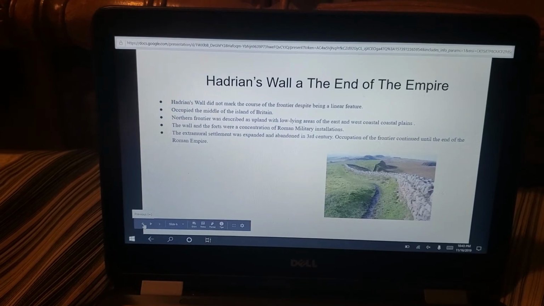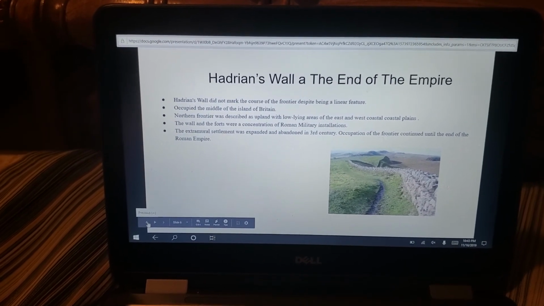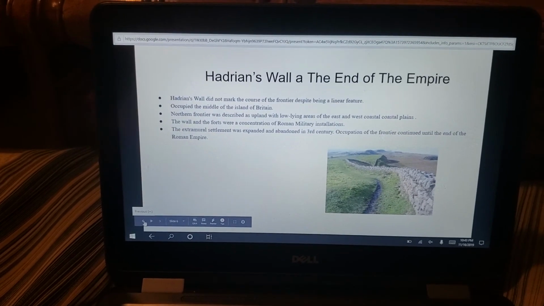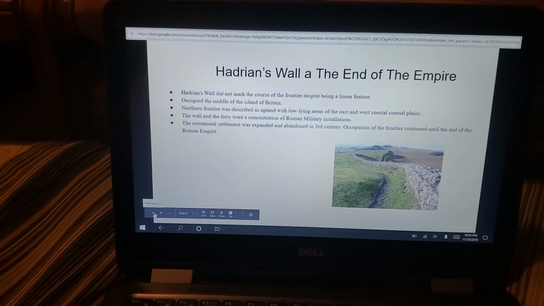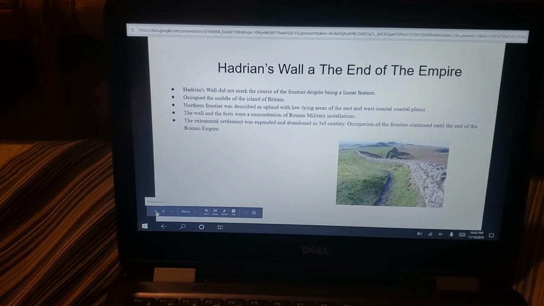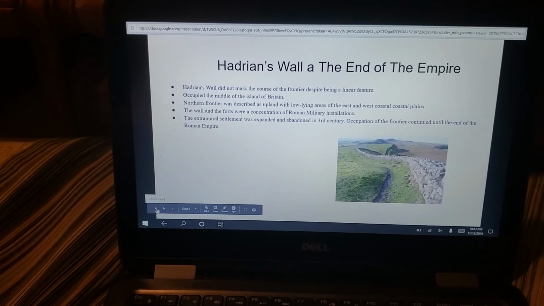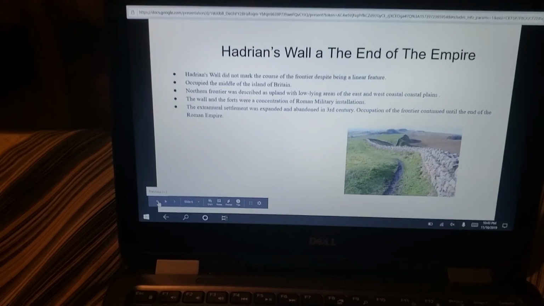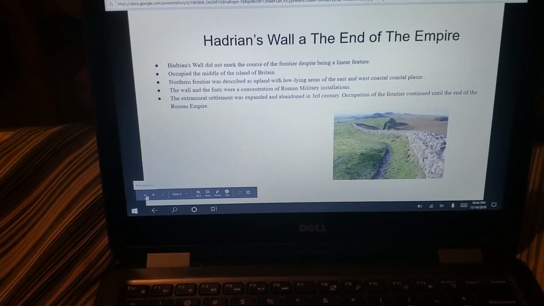It does say occupation of the frontier continued until the end of the Roman Empire. So this went all the way up until it happened, and during the early 400s the wall was at its best.